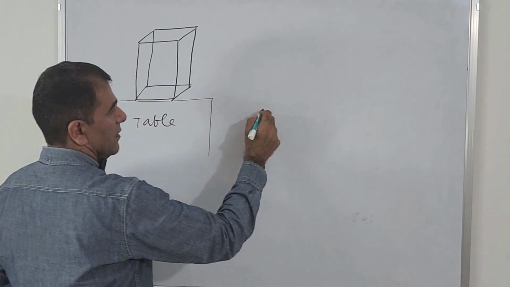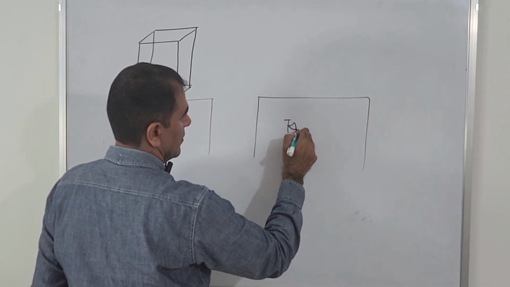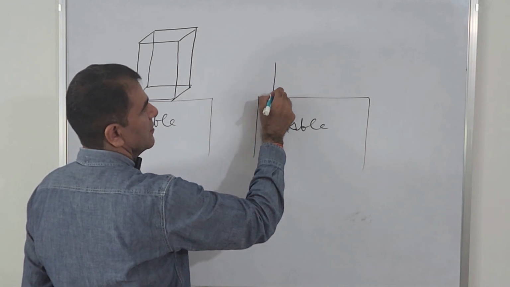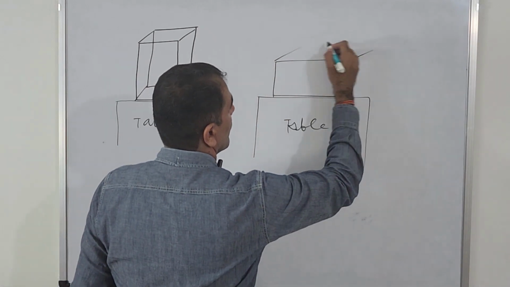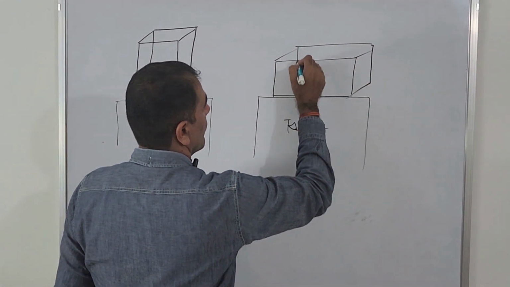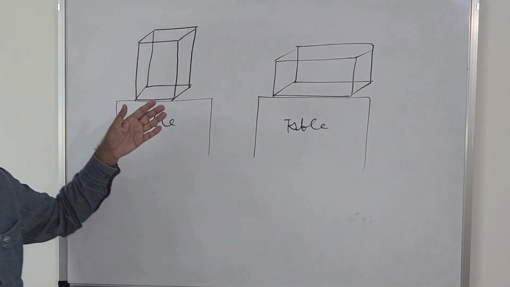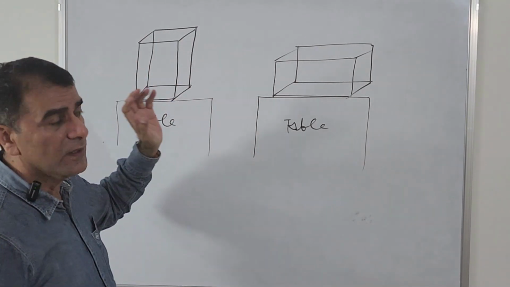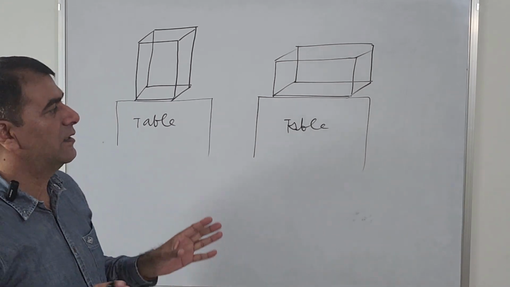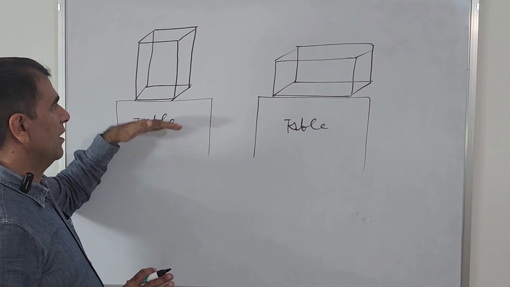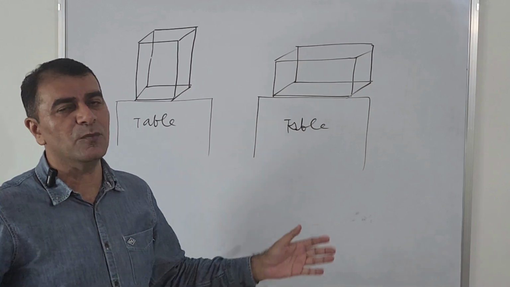And this block is also kept on this table like this. So this one is the vertical position of the block, and this one is the horizontal position of the block. We have taken a block and put it on the table, first in a vertical position, and in the second case in a horizontal position.